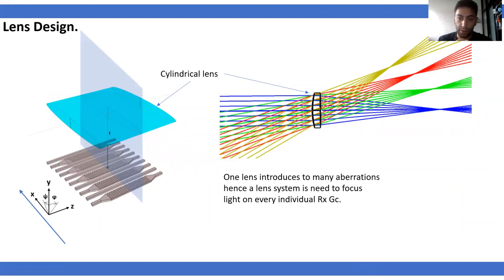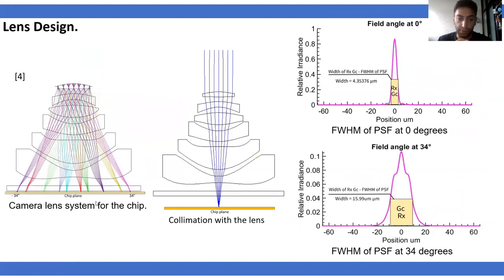For the lens design, we are going to use a cylindrical lens, but using just one cylindrical lens will introduce aberrations into the system. And we want the light to be uniformly focused on the chip plane. For that, we are going to use a camera lens system, which can focus the light from minus 34 degrees to plus 34 degrees. And also it can collimate the beam that is coming out of the chip plane.